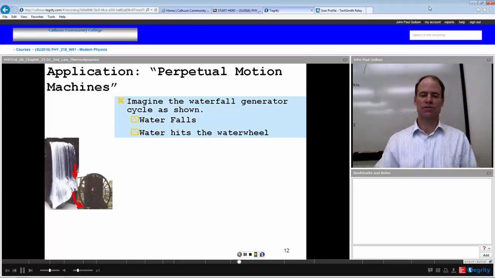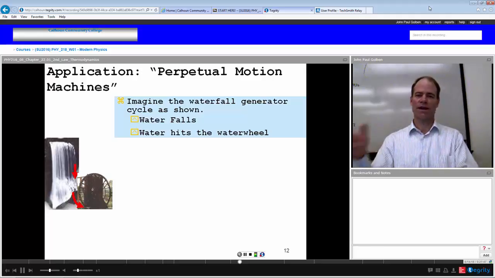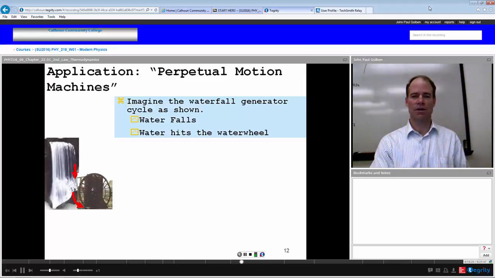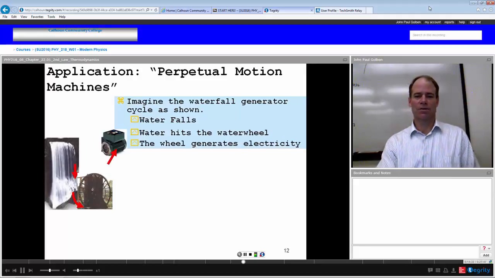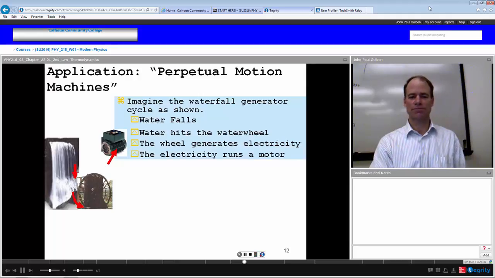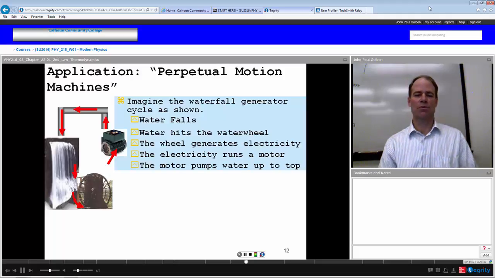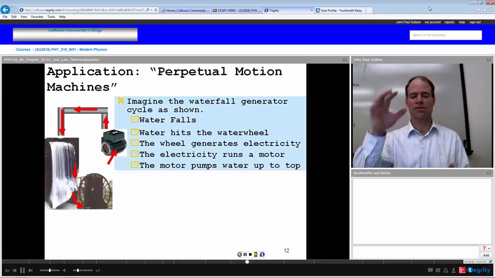As the water wheel is turning, we're moving a coil within a magnetic field, hence generating a changing magnetic field and a changing motion of an electric field. So we generate electricity. We use that electricity to power a motor, and we use that motor to run a pump. And the pump will pump water from the bottom of the reservoir to the top of the reservoir so that it can fall again.